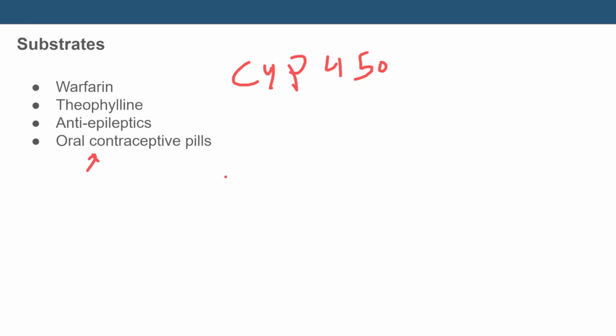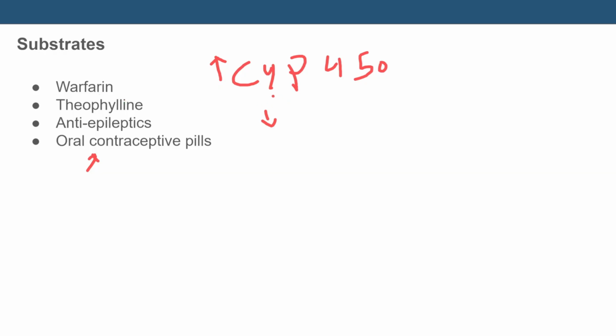So if the cytochrome P450 enzymes are a lot, if we induce them, then we're going to have a lot of enzymes that can metabolize drugs, and that means these drug levels will go down. On the other hand, if the cytochrome P450 enzyme levels are down, then the body is not able to metabolize or process or detoxify these drugs.